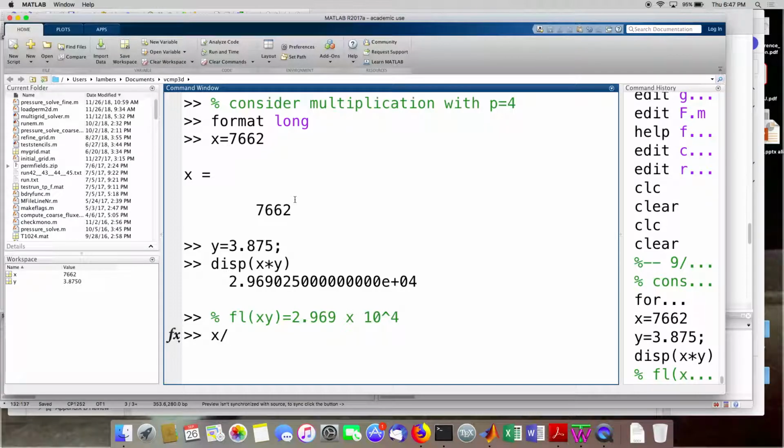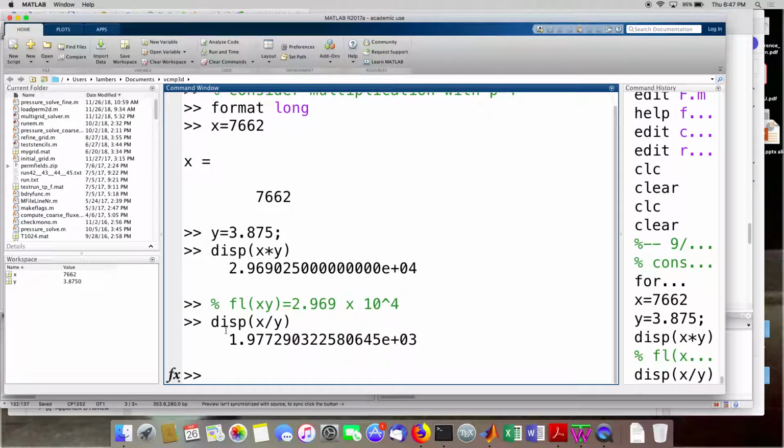Out of curiosity, I just made these numbers up, but if I try x over y, yeah, so we have far more digits, and there will be even more than this that are lost. Okay. So for any of the operations, the limited storage space for significant digits leads to a loss of accuracy.